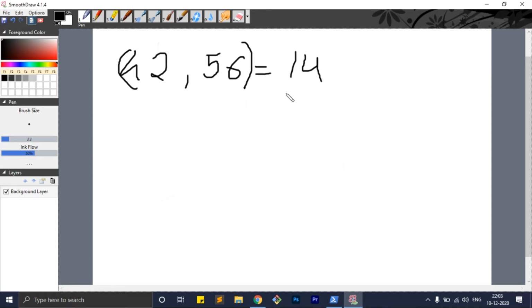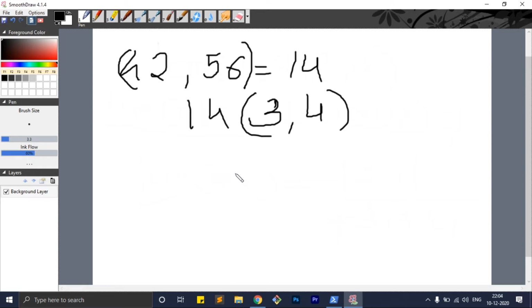We can take 14 common from both these numbers and it will leave 3 and 4. These numbers do not have any common divisor at all. So that is GCD.